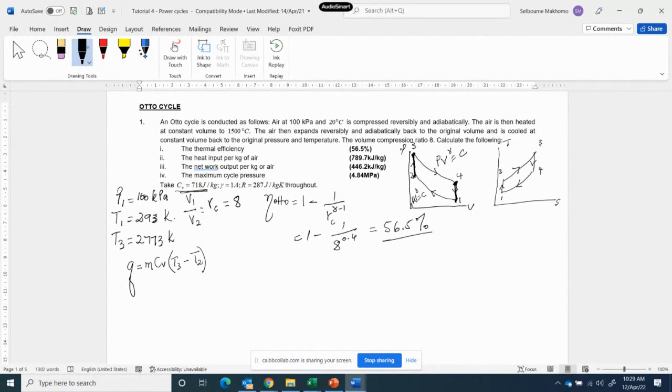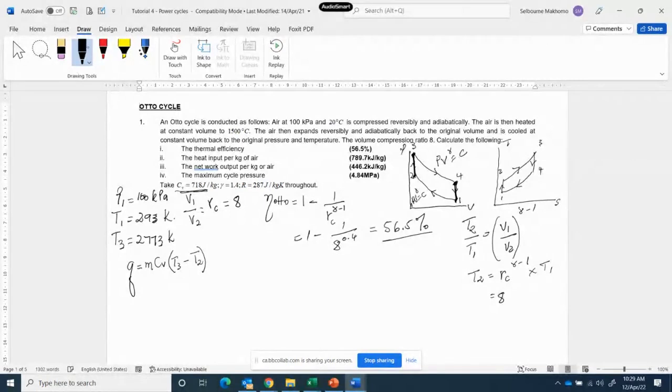So we know that T2, that is from chapter 1, over T1 is equal to V1 over V2. You remember this formula, to the power gamma minus 1. So we can say that T2 is equal to RC, which is V1 over V2, to the power gamma minus 1, multiplied by T1.